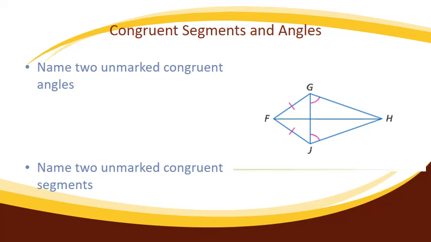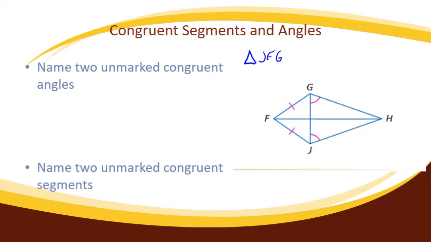because looking down at the second part of this, name two unmarked congruent segments, I can see that we're talking about, on one hand, we got triangle JFG. There I have two congruent sides, segment FJ and FG.